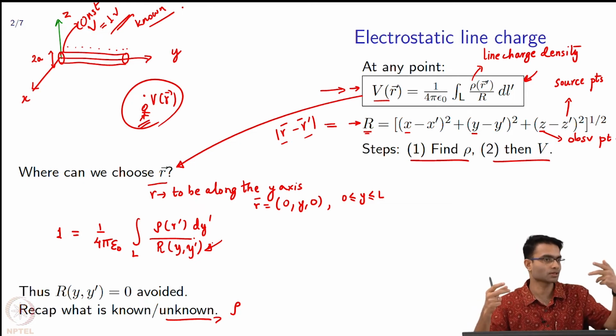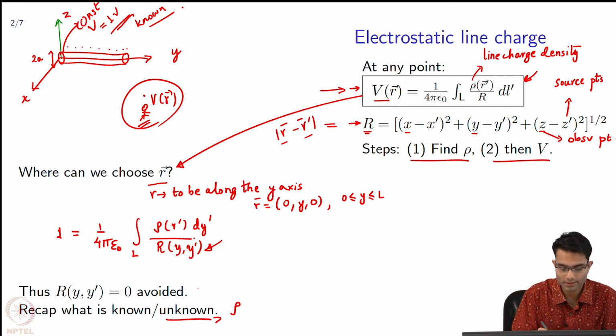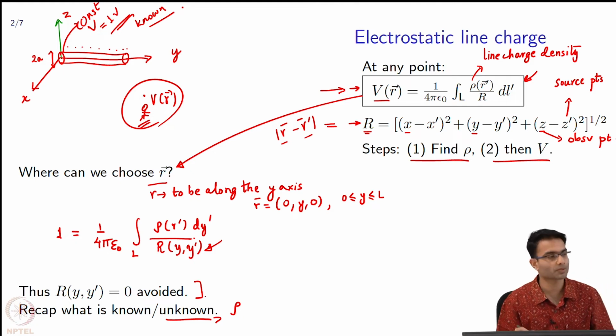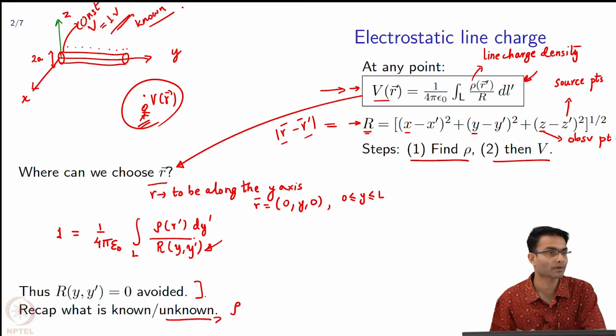So, the minimum distance between these 2 points is how much? A, in this case A, right. So, r y prime equal to 0 never happens, and we need that because we are actually dividing by 1 by r, right. So, we have come to an equation where nothing bad is happening, there is no singularity, nothing is blowing up. Okay.